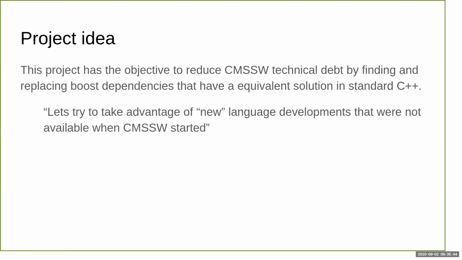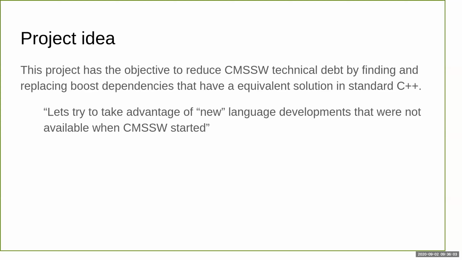The idea of the project is to reduce CMSSW technical debt by finding and replacing boost dependencies that have an equivalent solution with standard C++. In recent years, standard C++ introduced a lot of features that were only available through boost packages before.